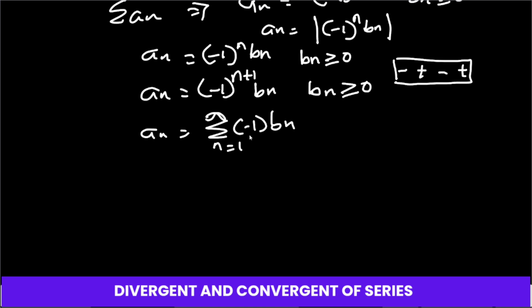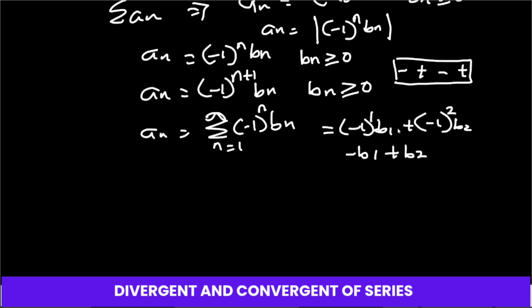If we fix n equal to 1, we have minus 1 exponent 1 of b1, plus, moving n to 2, minus 1 exponent 2 of b2. So minus 1 exponent 1 gives us minus b1, and then minus 1 squared gives us a positive b2.